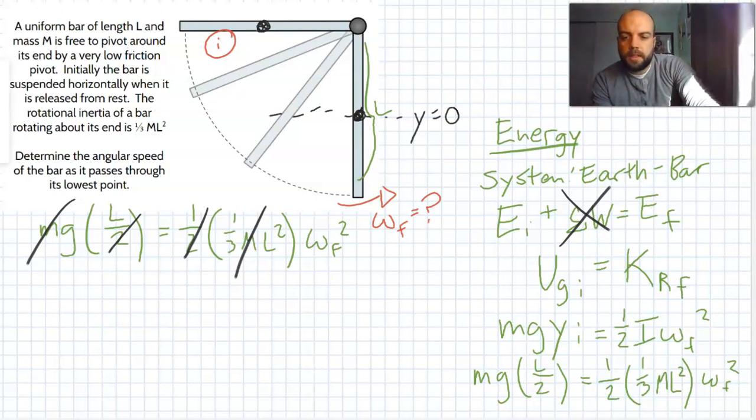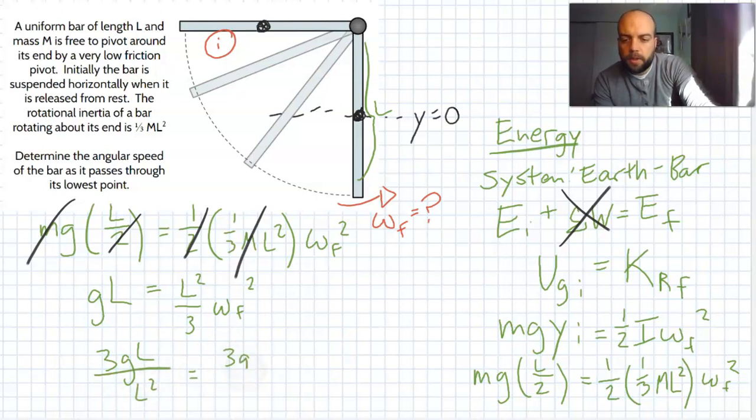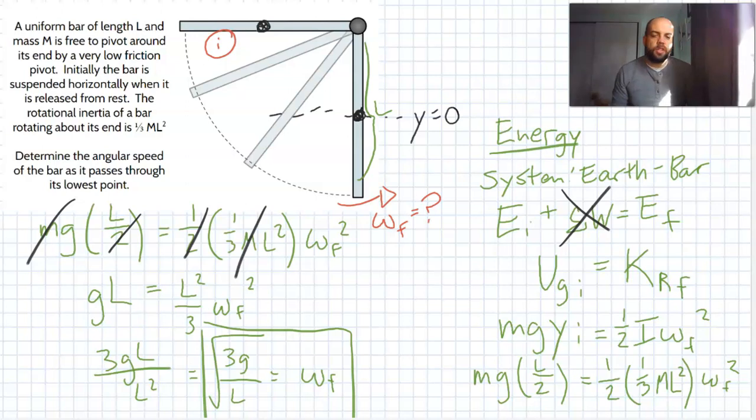So what that is, g times L over 2 equals 1/3 L squared times omega final squared over 2, or 3gL over L squared, or 3g over L equals omega final squared. Or let me just do that right here, omega final equals the square root of 3g over L.